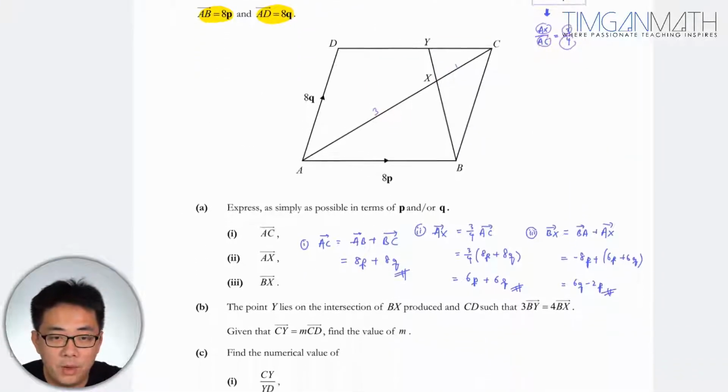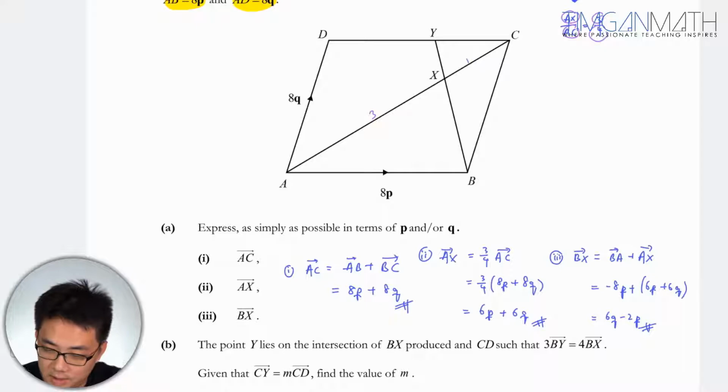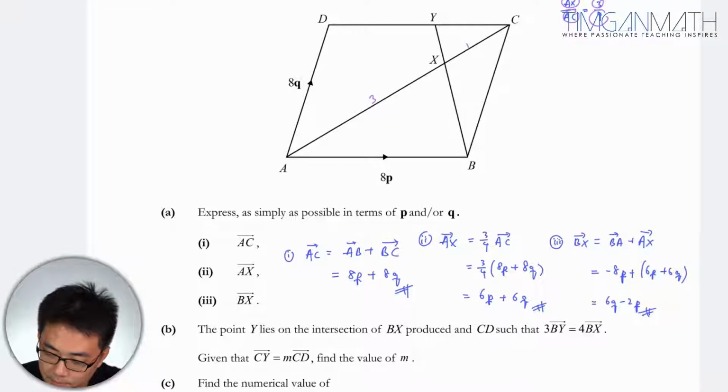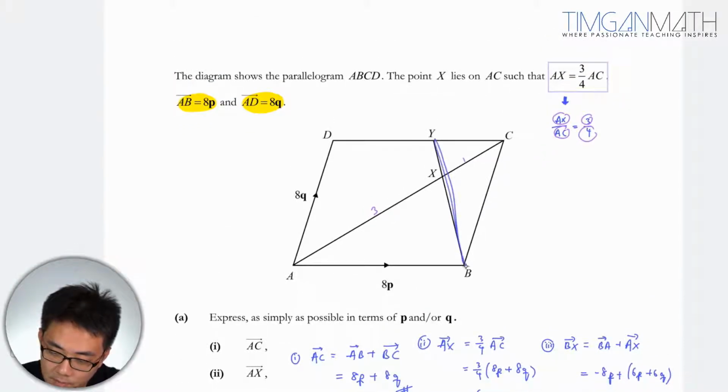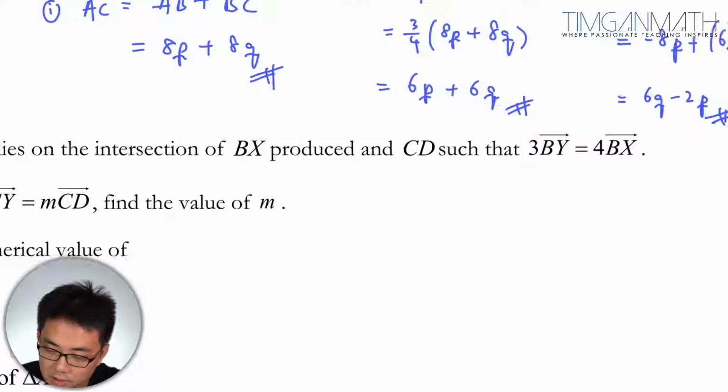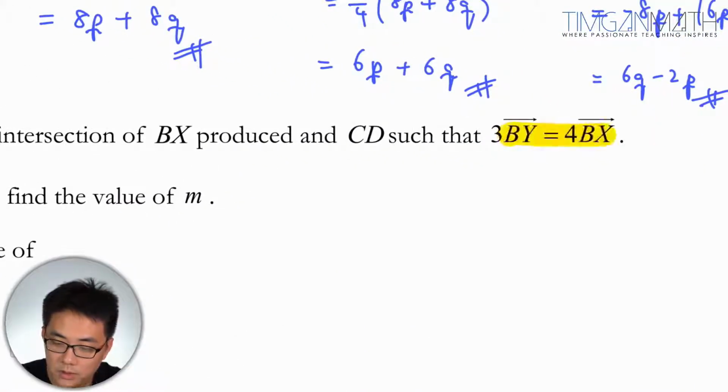Let's look at part B. The point Y lies on the intersection of BX produced and CD such that 3BY is 4BX. Okay, great. So similarly, what I will say is just change this to a ratio form, because this looks a bit difficult to see.